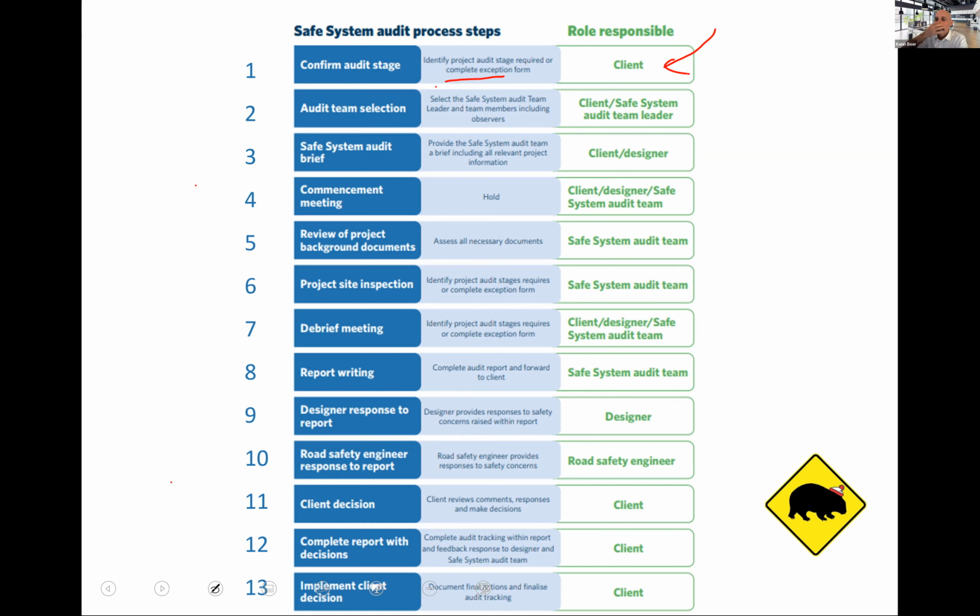We'll get into a little bit about what the makeup of that team should be shortly, and I think a question just came in around, can one person do an audit? I'll answer that shortly as well. So then an audit brief is prepared, a good description of what needs to be done and collecting all of that information together.